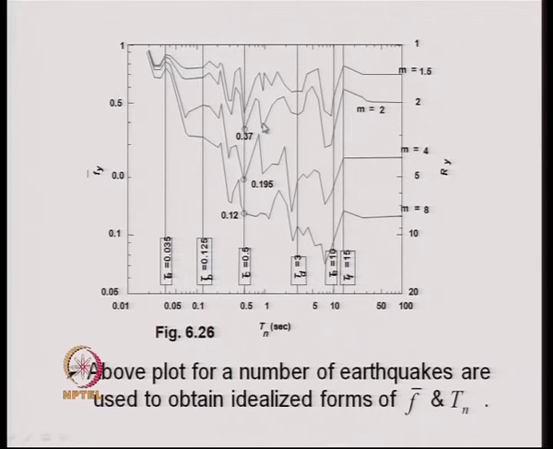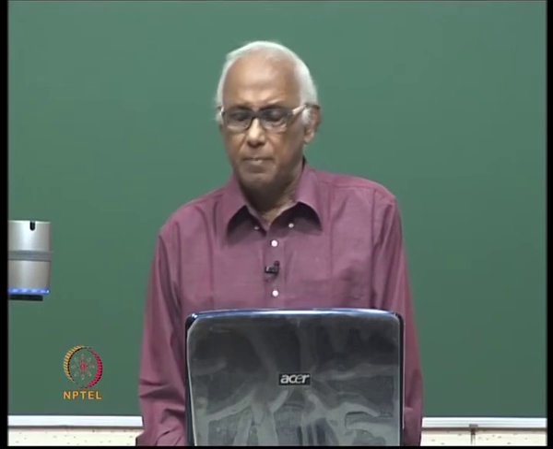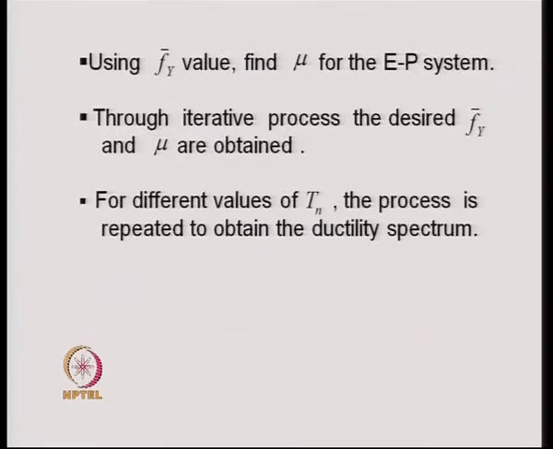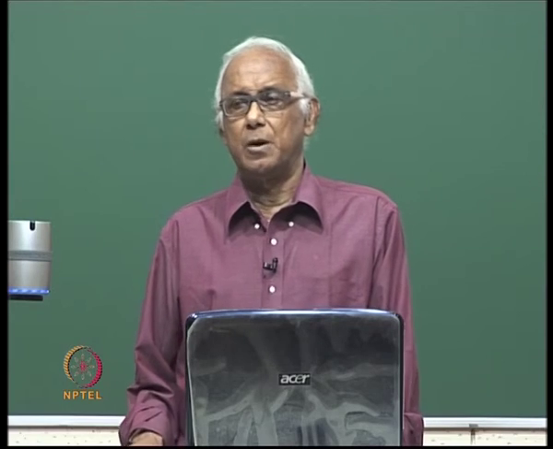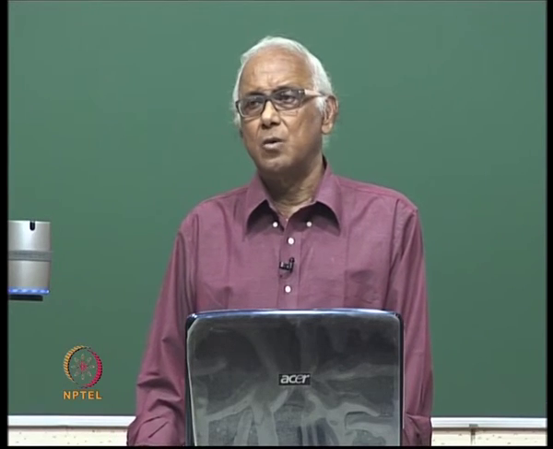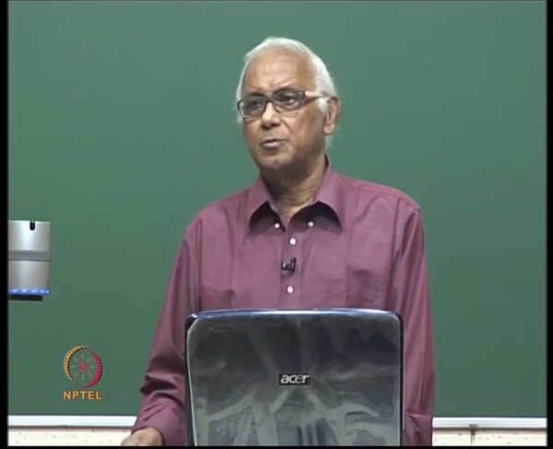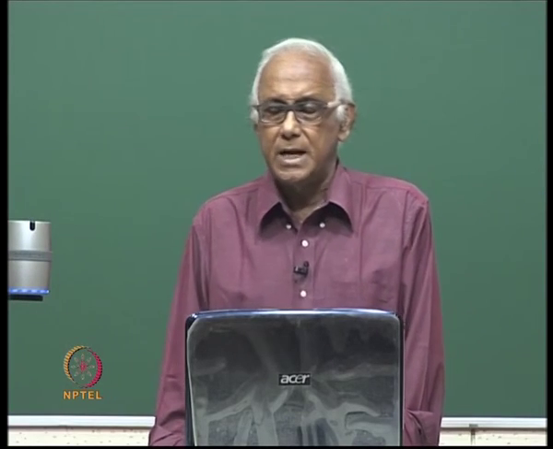So, let me summarize here what we do. What we have done over here is that we have essentially solved equation 6.38 for different assumed values of f bar y, and each f bar y value provided a value of mu, and that is how one can have a collection of combinations of f bar y and mu, for a particular time period Tn and Xi.